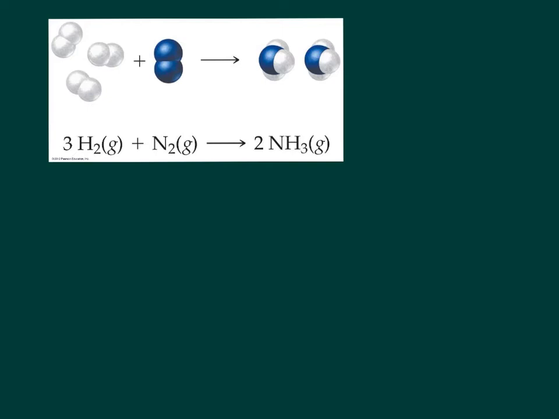You'll notice from our balanced chemical equation that you need 3 H2 to 1 N2, and that'll yield 2 NH3. Now, the beauty of a chemical equation versus, say, a food recipe is that your quantities are out front.